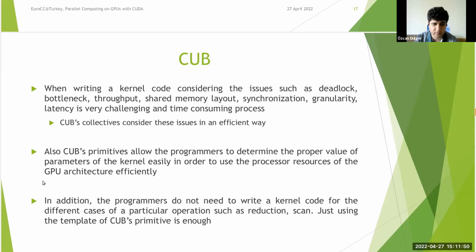In addition, programmers do not need to write kernel code for different cases of particular operations such as reduction or scan. When you want to add new cases to these operations, you don't need to write new kernel code.